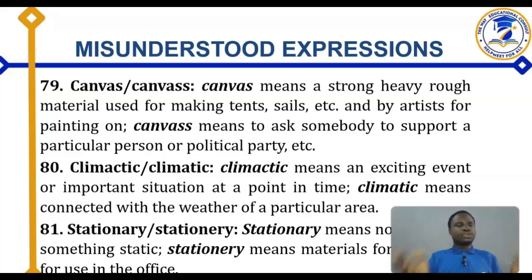So the most exciting or the most important part of a program. While climatic means connected with the weather, say climatic condition. Take note there is no C after the A before TIC in that word. We need to know the climatic condition of that place before we go there. That is what we are referring to in number 80.